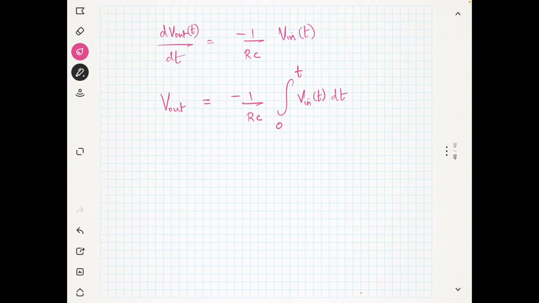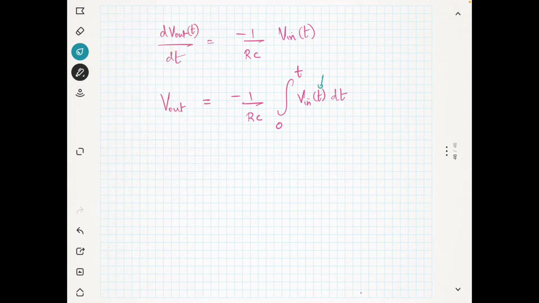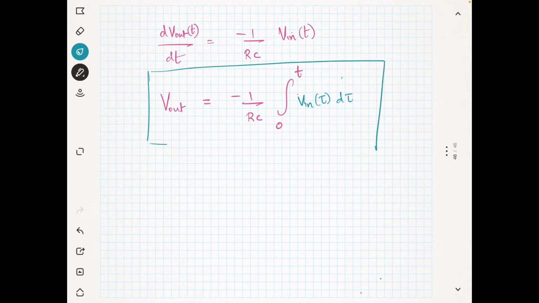It is not a good idea to put the same variable in here, here and here. So for mathematical convenience, I will write it as V in of tau d tau. So this is the output of the integrator. So you see here that I can easily find the output.